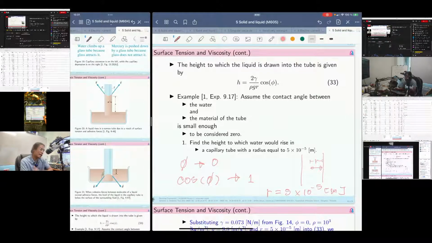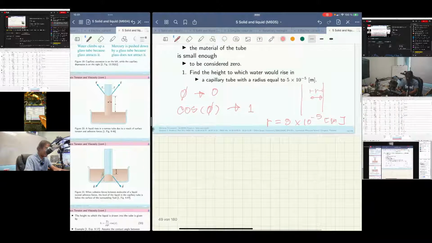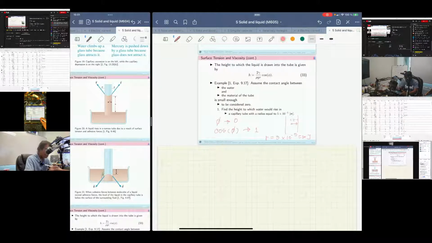It's very, very tiny. And assume that we stay on Earth, so the gravitational acceleration on Earth is 9.8, right? Let's summarize that.